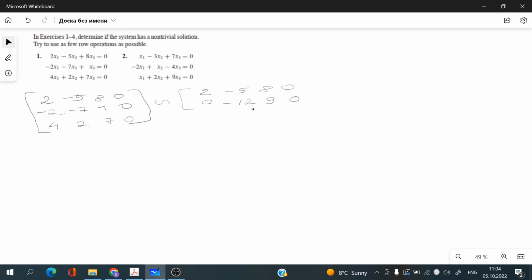For now, let's rewrite it in this form. Okay, let's leave it. Now we need to multiply by minus 2 and add with the fourth row. Okay, let's do it: 2, minus 5, 8, 0, 0, and let's divide this one by minus 3.